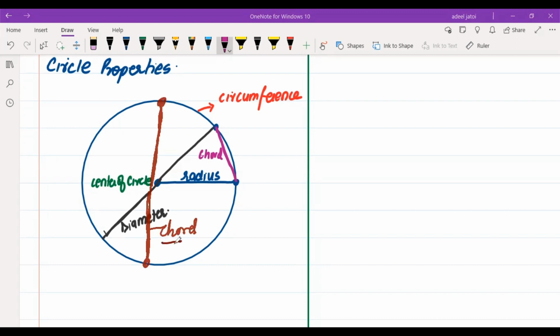A line that meets the 2 points on the circumference but does not cross the center of the circle will always remain chord, even if it is closer to the center of the circle. Since it is not crossing the center, it will not become your diameter. It will still remain your chord. So all the properties will be linked from the circle.